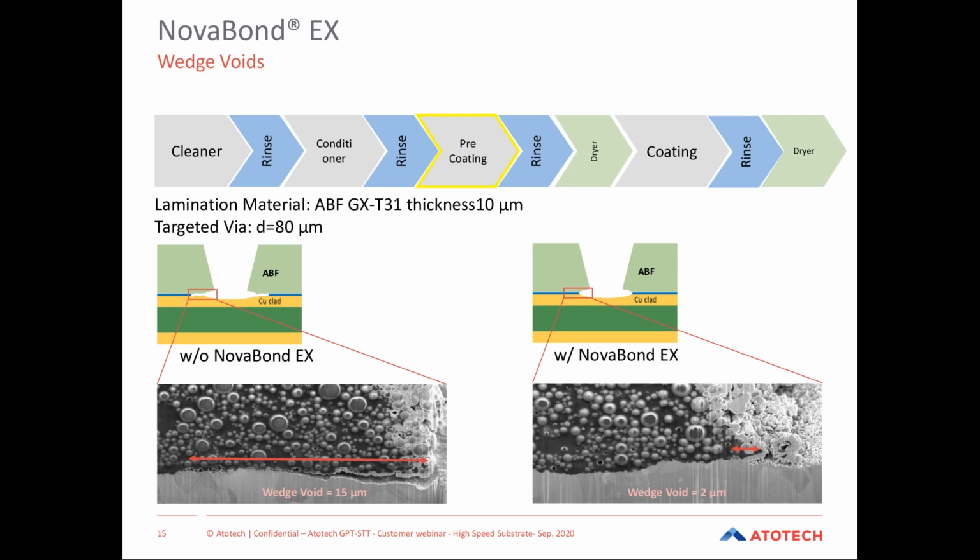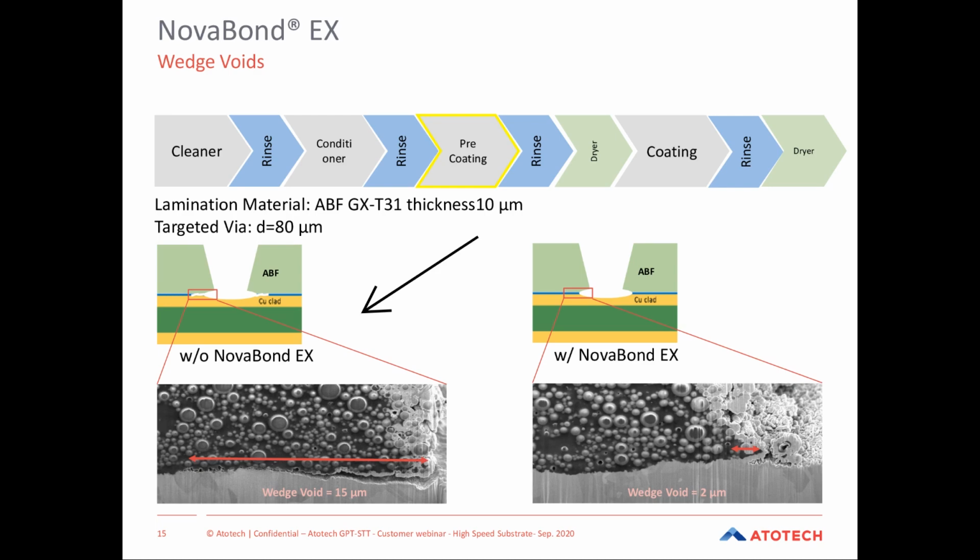The thickness is only 10 micrometer. The reason we picked 10 micrometer is that we go to the harshest conditions ever. When the material is thinner, more air or humidity can penetrate inside the material and attack the interface. In the black and white comparison, on the left-hand side is without Novabond EX, and on the right with Novabond EX.